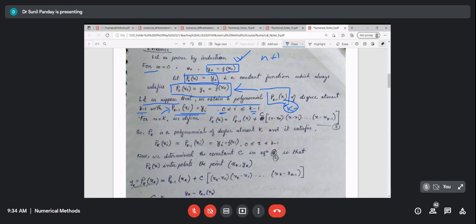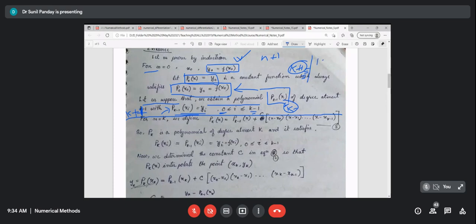So what we do now: we are considering k plus 1 data points. If we have k plus 1 data points, does there exist an interpolating polynomial for them?